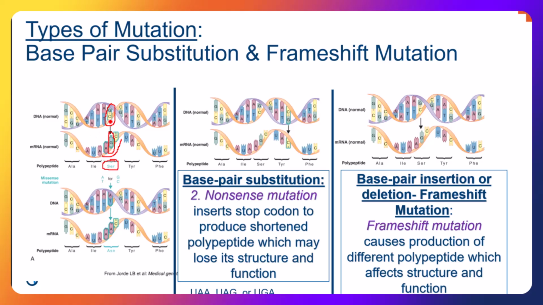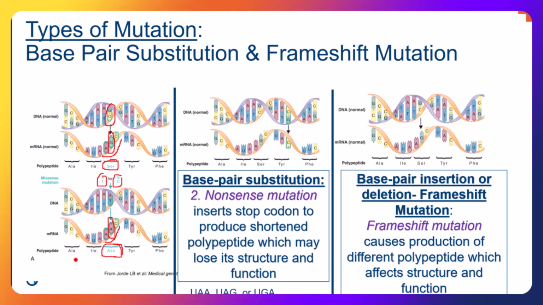If we get a mutation here where adenine and thymine are now inserted instead of guanine and cytosine, a different copy is made. So now we have A because it complements T, whereas before we had G, which complements C. AAC codes for a different amino acid.